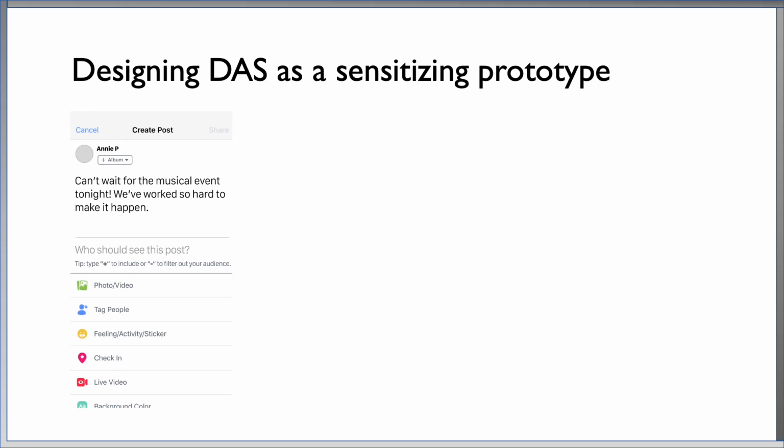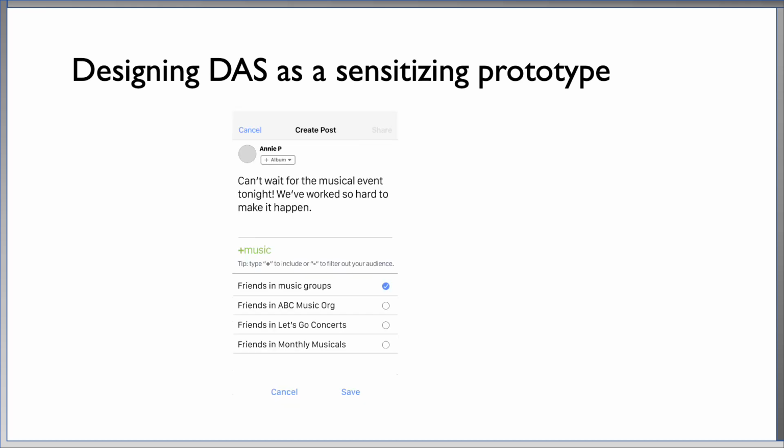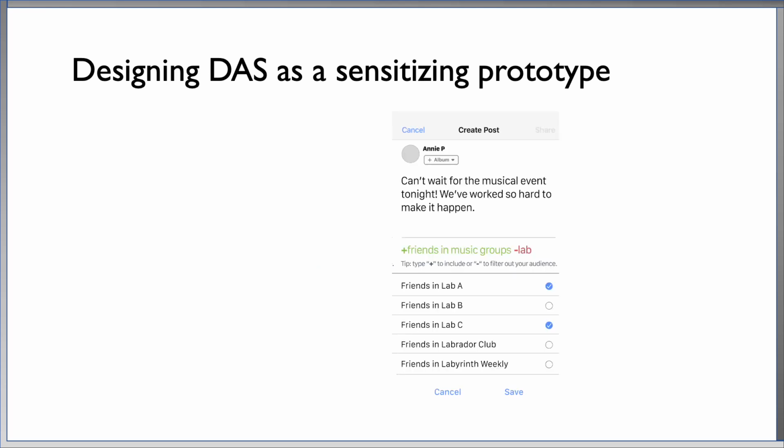Underneath where a user would type out the post, we added a second text box where the user could specify their audience. They can use the plus symbol for targeting a specific audience group or a minus symbol for filtering them out and blocking them from seeing the post. Based on the user-specified audience constraints, DAS algorithmically categorizes people in their social network into relevant audience categories and displays these recommendations.